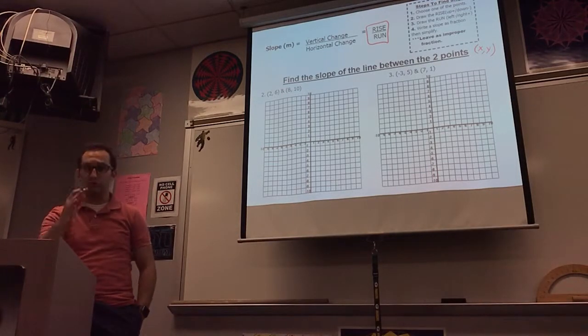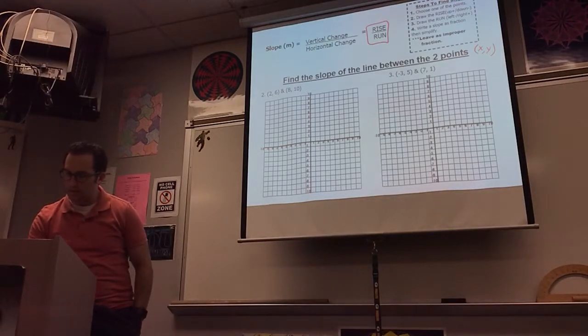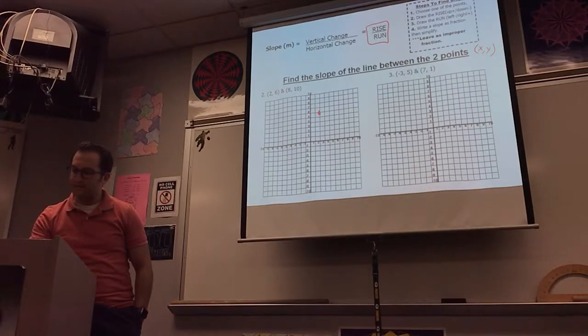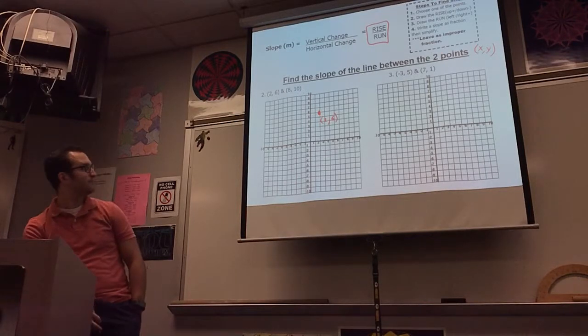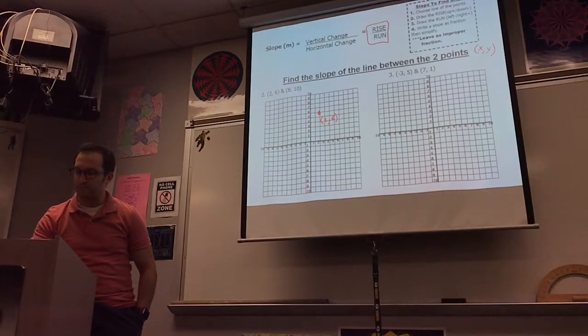So let's just graph the points like you said. So 2, 6 is here, and then we go up. And I'm going to write that's 2 comma 6. And then our next point, 8 comma 10.